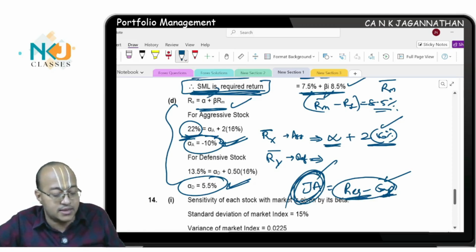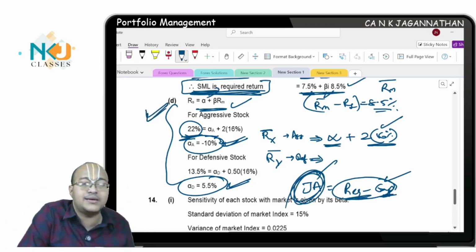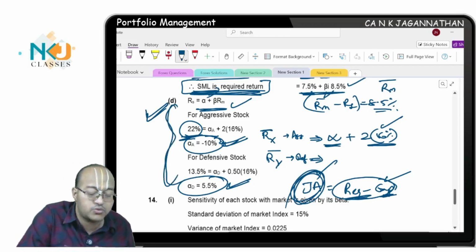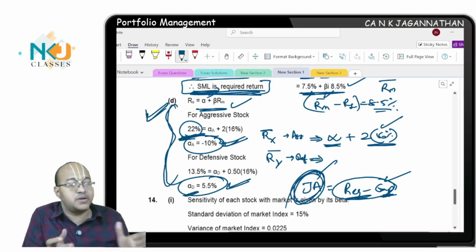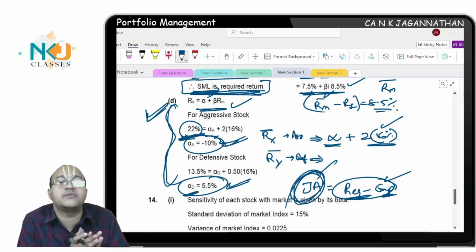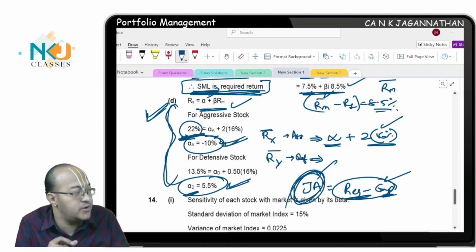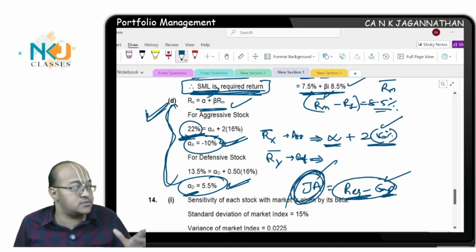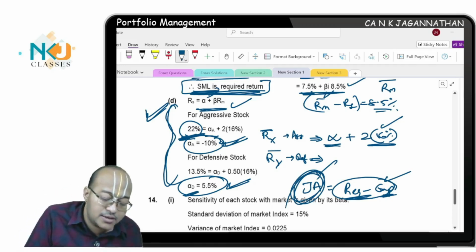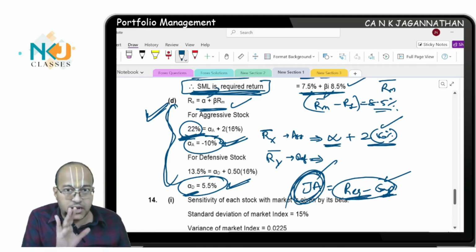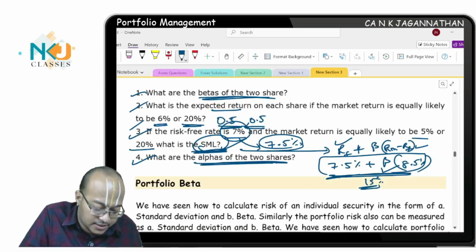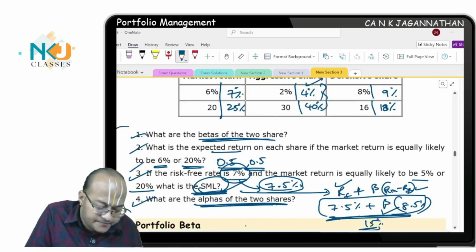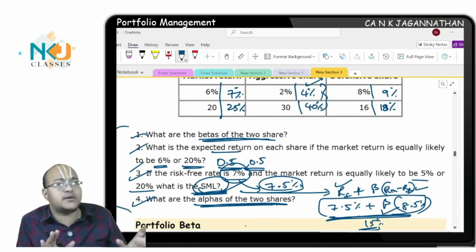So technically, Jensen's alpha should be used in this question. Why? Because you have the expected return and you have the required rate of return. Simply compare these and find Jensen's alpha. The alpha which, I believe, contextually should be used in this question is Jensen's alpha, but the Institute has solved it by taking SML return. Why is Jensen's alpha more relevant? There is a reason: if you read the question, it doesn't look like a Sharpe single index model.